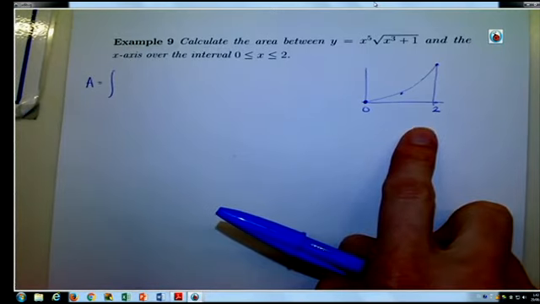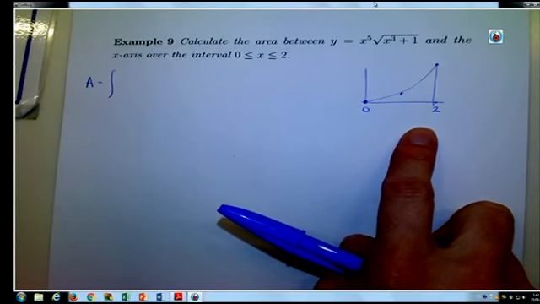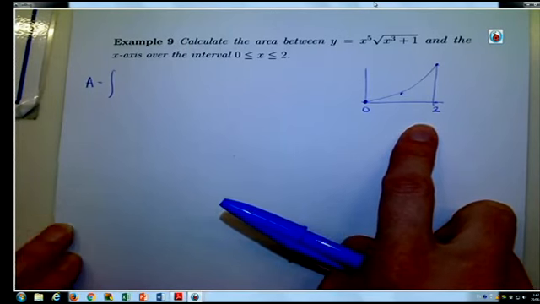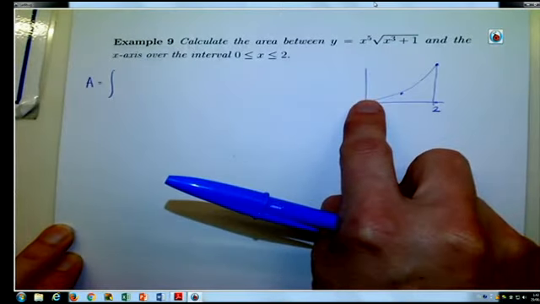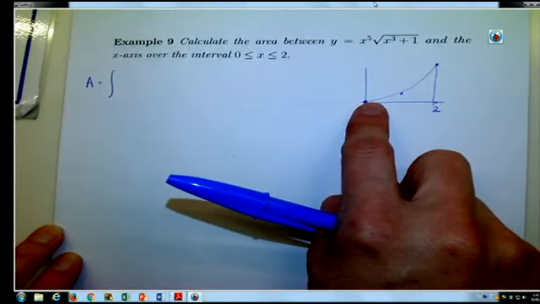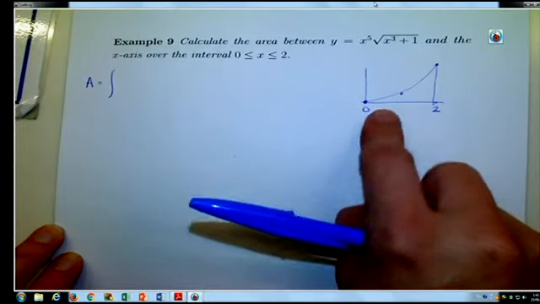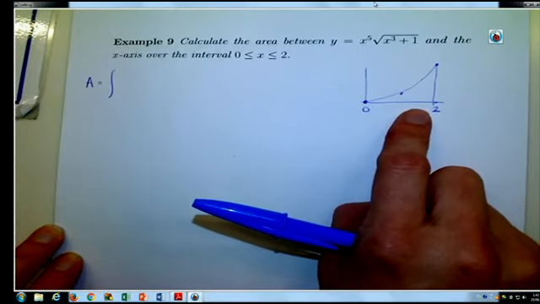Did you have a question? What's the best way to find out if it goes negative? Not really, because for this one here, we can see that if x is positive, it's going to be positive. And I guess that's really how you should be doing it. But you should know something about it.